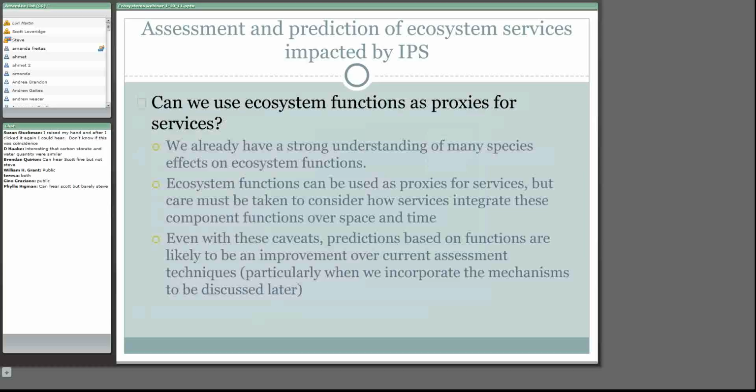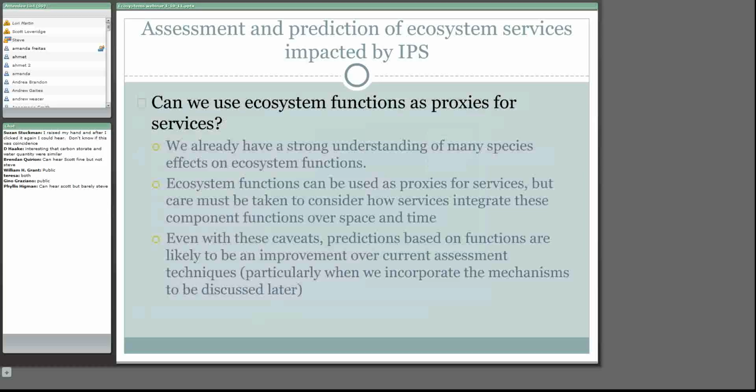Even with these considerations, the predictions based on functions are likely to be an improvement over current assessment techniques. So it is possible, and I think that is a direction that we're going, and it's one of the better assessment tools that we have.